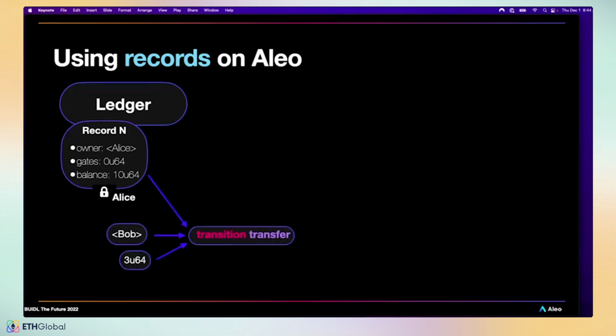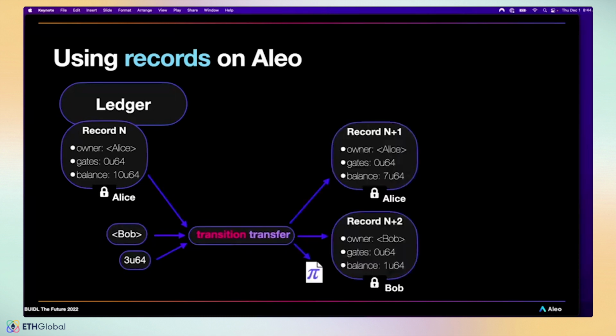Alice invokes the transition transfer with Bob's address and the amount she wants to send. The transition transfer produces two new records, one for Alice, one for Bob, and a proof pi. I also see here that I have a typo, and really in Bob's balance, this should be a 3u64.